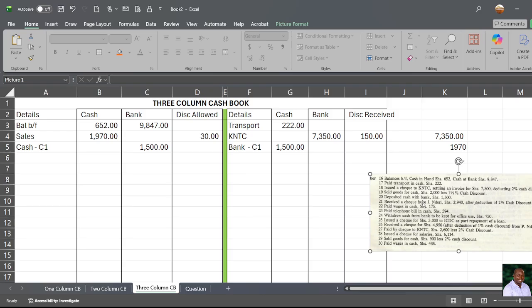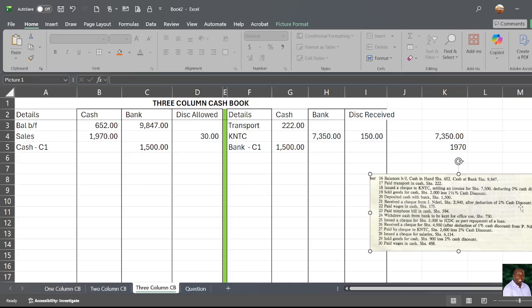Then the next question, we are told they received a check from Jane Dairy of 2,940 after deduction of 2% cash discount. This is quite interesting.